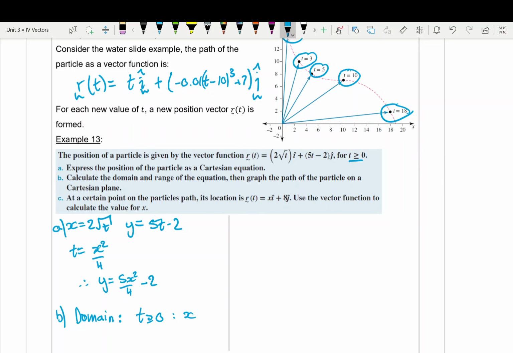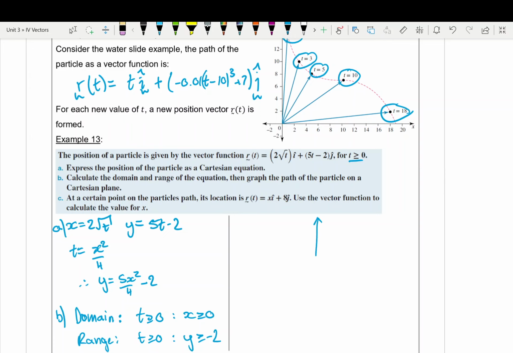That means our x is also greater than or equal to 0. We also know for our range that t is greater than or equal to 0. So y is going to be greater than or equal to, this term here goes to 0, and all we're left with is negative 2. So our answer for that is y has to be greater than or equal to negative 2.